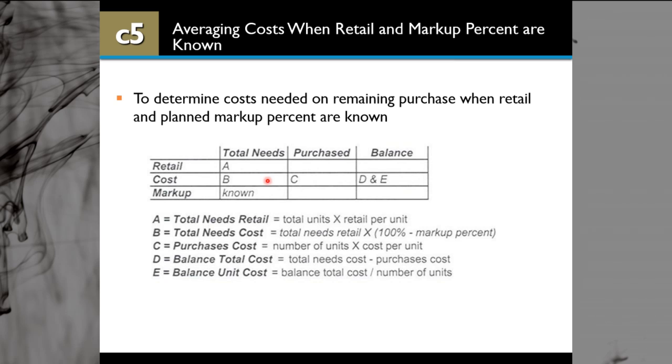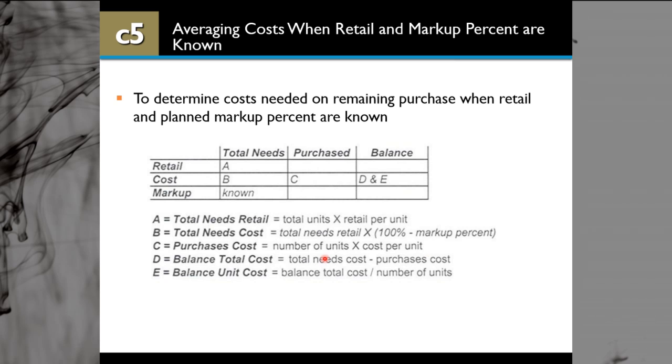And B, you can calculate total needs at cost. It's going to be your total needs at retail multiplied by 100% retail percentage minus markup percent. That is cost percent. And C, you can calculate your purchases at cost by number of units multiplied by your cost per unit.